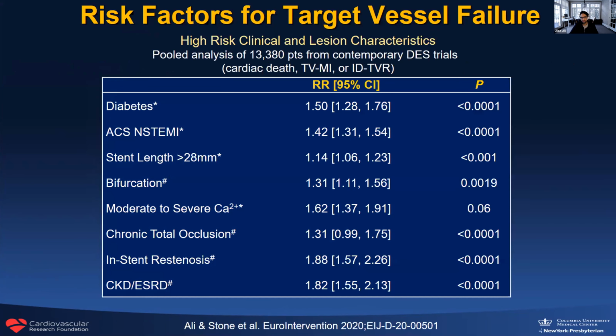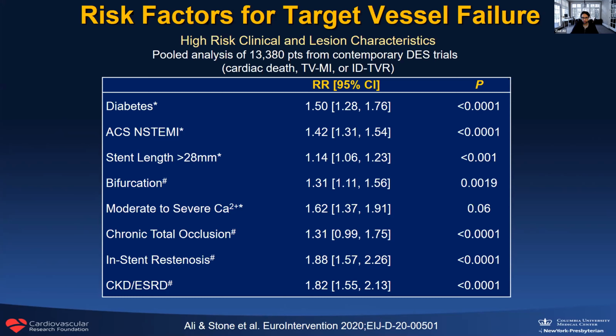When we look at the risk factors for target vessel failure included in Illumien 4, moderate to severe calcification has a significant hazard ratio of 1.6. What's very interesting about calcified arteries is that if you do not treat them, they tend to have a relatively more stable course compared to when you intervene on severely calcified arteries, because the likelihood of plaque rupture in a severely calcified artery is lower, and thus ACS is lower.